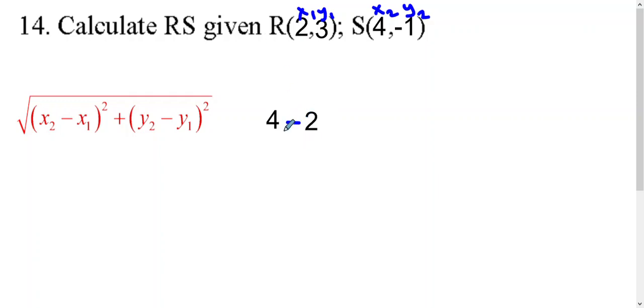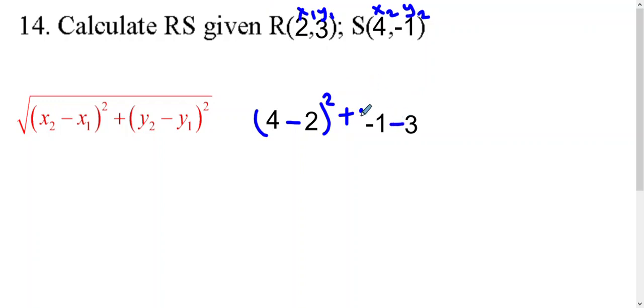So we would subtract them, and then to finish off the formula, we'd put in parentheses and take them to the second power. Now we're ready to do the y parts. y2 would be -1, and y1 would be 3.